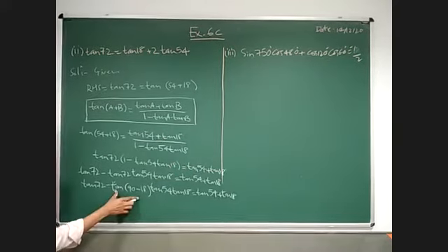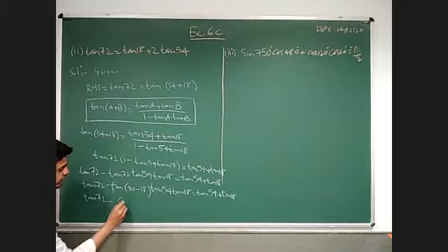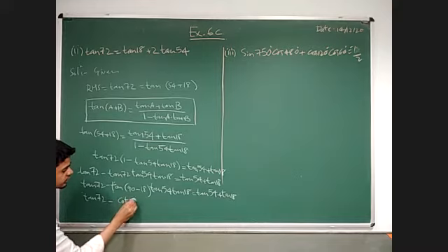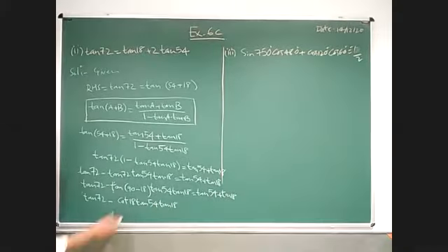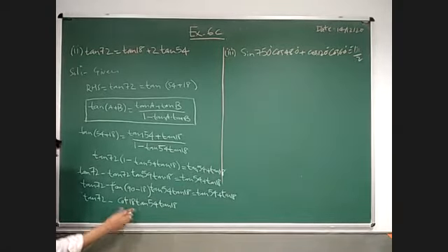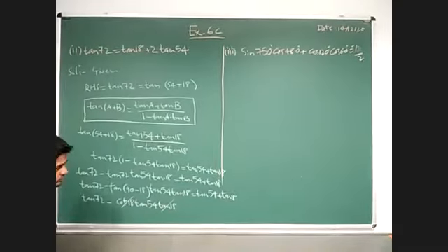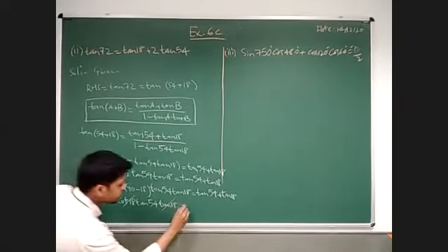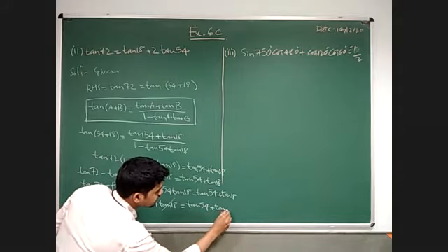Okay, now tan(90 minus 18) is nothing but cot 18. So cot 18 tan 54 tan 18. See here, cot 18 is nothing but 1 by tan 18, so here tan 18 and cot 18 will get cancelled, and here tan 54 plus tan 18.